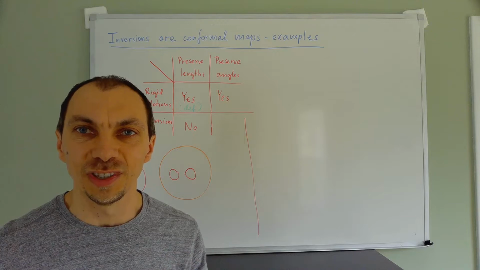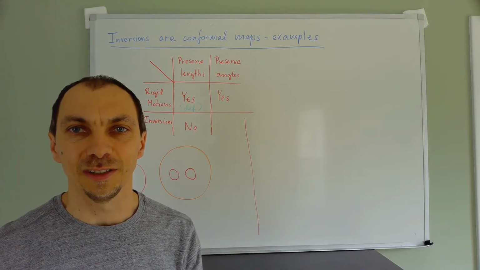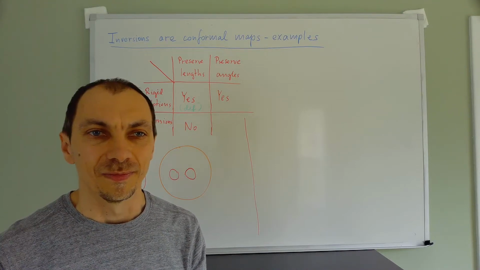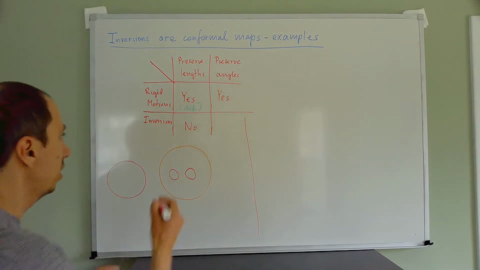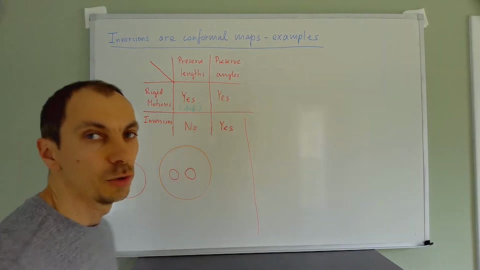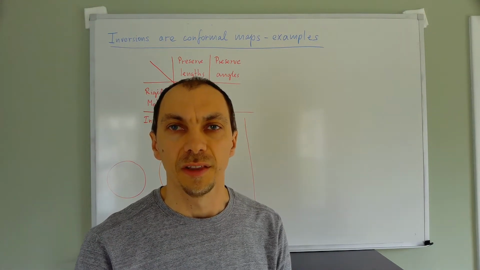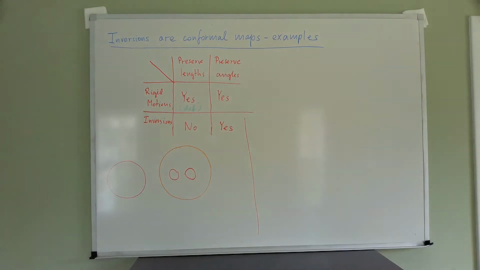They do seem to have some sort of niceness built into them, in the sense that they preserve angles. So this is going to be a theorem, right? So I'm going to put a yes here tentatively. And we're going to see in the next video the proof of the theorem that inversions actually do preserve angles.